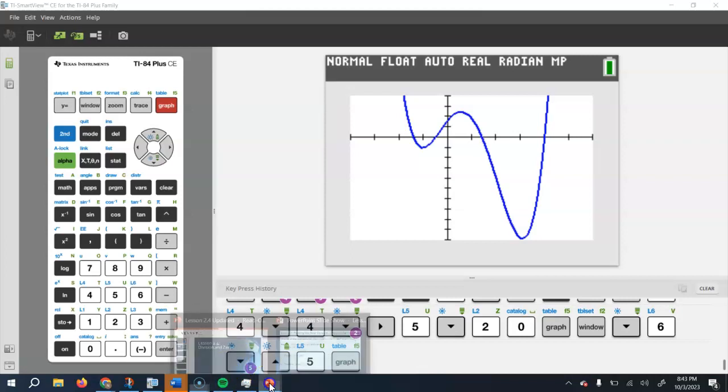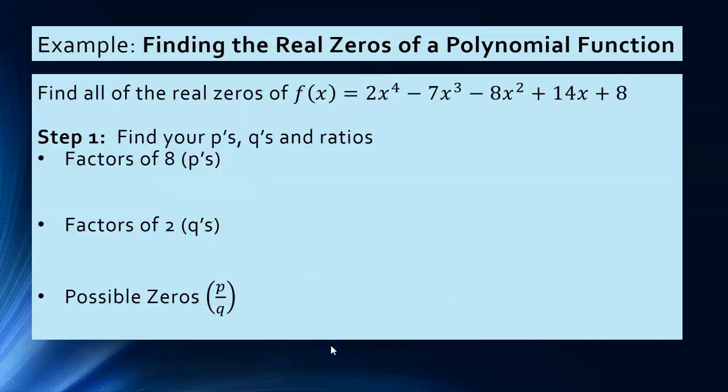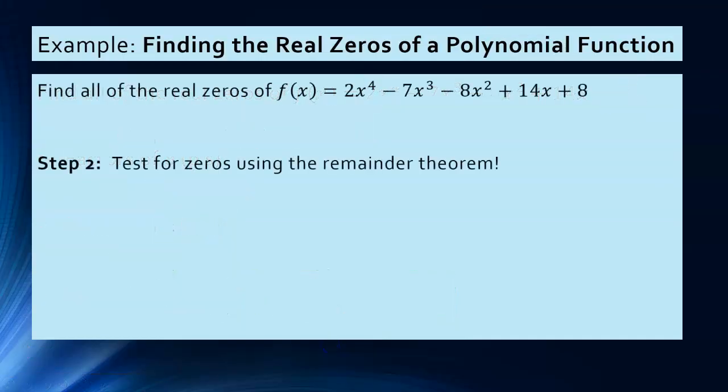So here's how we're going to do that. Instead of testing all of them, we're just going to test the ones that we are considering being actual zeros, the 4 and -1/2. So let's start with the 4.